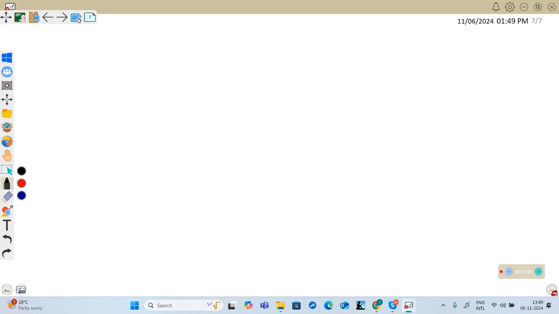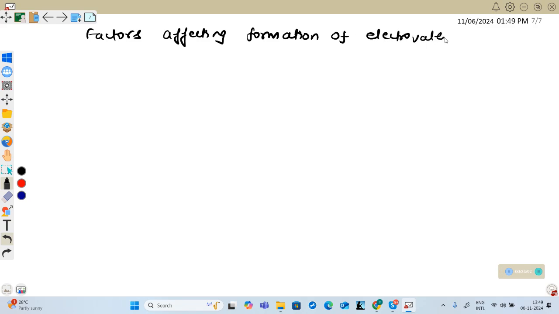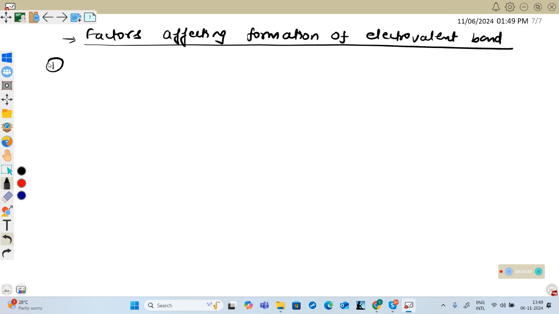Now we will take factors affecting formation of electrovalent bond. In this, the first, see, I told you one atom is turning into a cation. Cation means the electron is lost. So to take out an electron from an atom, we provide some energy which is called ionization energy. So the first factor is ionization energy.